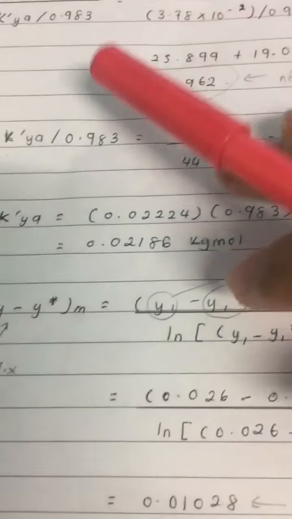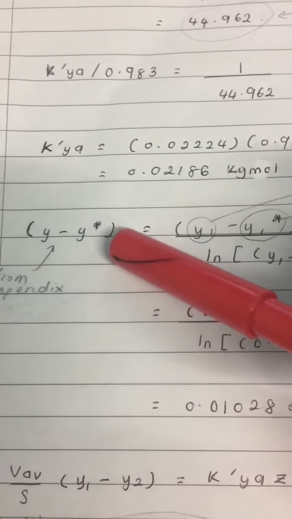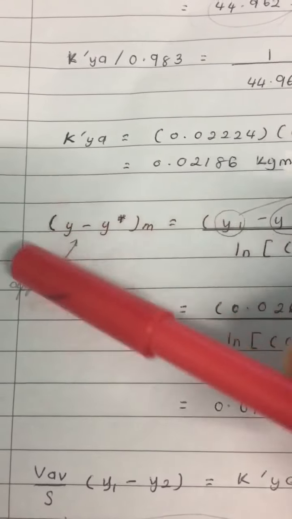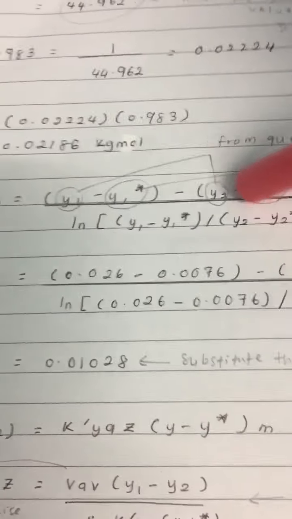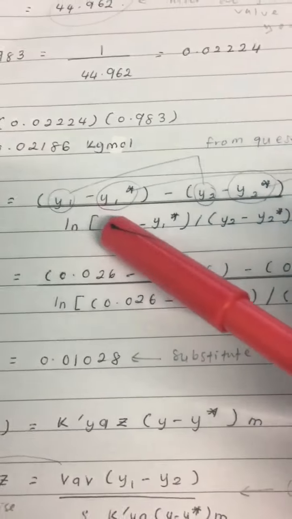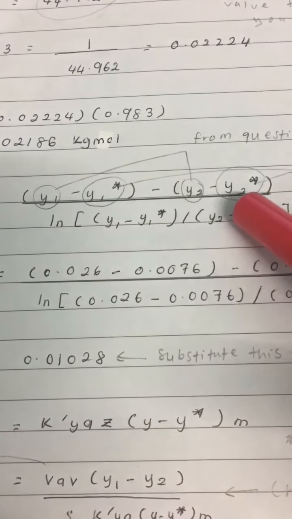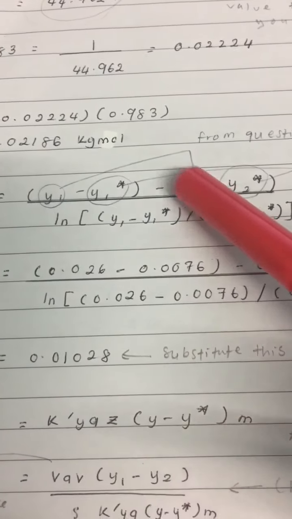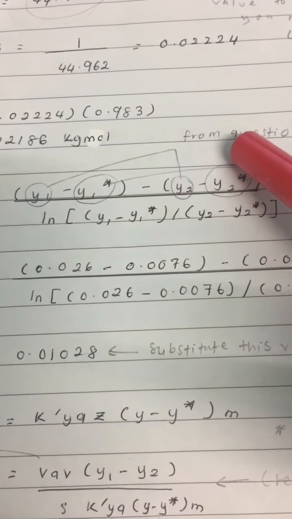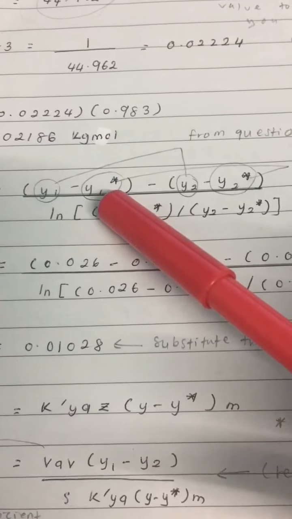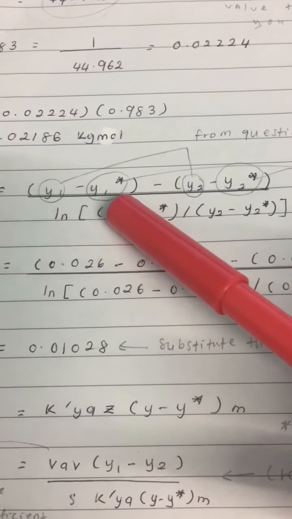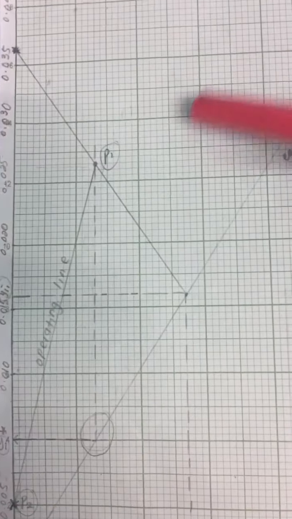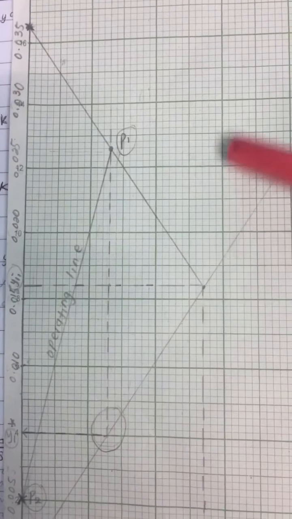But before that we need to calculate y minus y star m first. To calculate it, we find the equation from the appendix, where we need y1 star and y2 star from the graph, while y1 and y2 are found from the material balance equation. I will show how to get y1 star and y2 star from the graph.